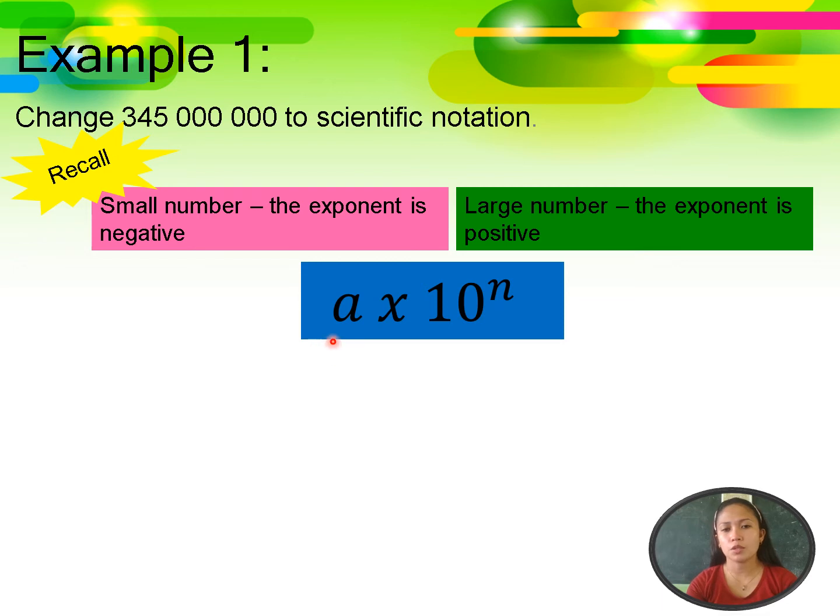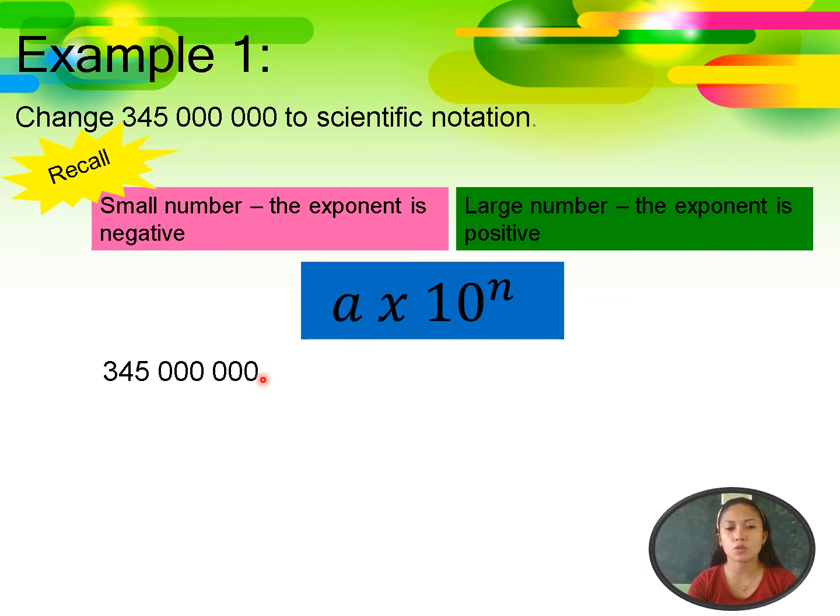For the scientific notation, it should be in the form a times 10 to the power of n. So our n here should be a positive number since 345 million is a very large number. So we have here 345 million, and it's understood that we have a decimal point after the last 0.